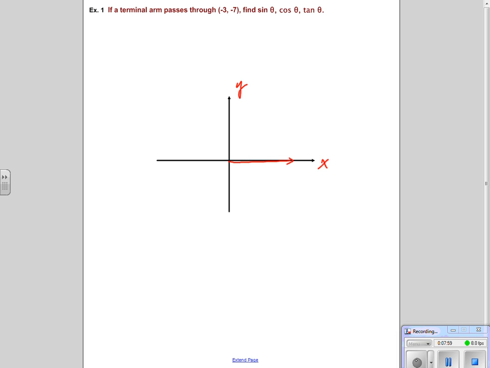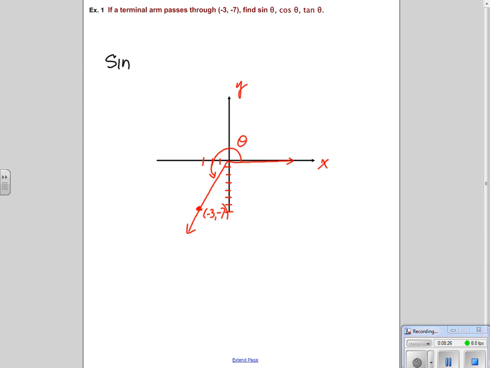My terminal arm is going to go through (-3, -7), so approximately there, very poorly drawn, but a picture's worth 1,000 words. Here we go. My terminal arm is going to pass through that point. There is my angle of rotation, and I want to write the 3 trig ratios.